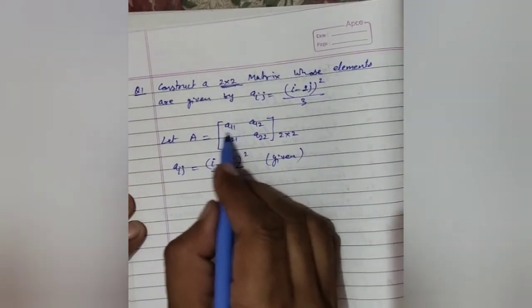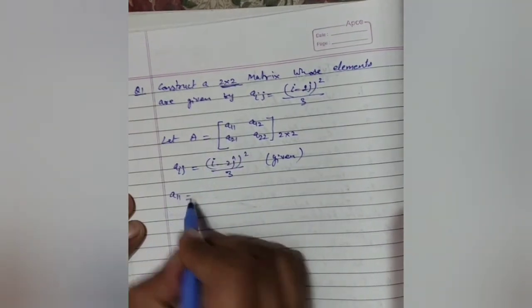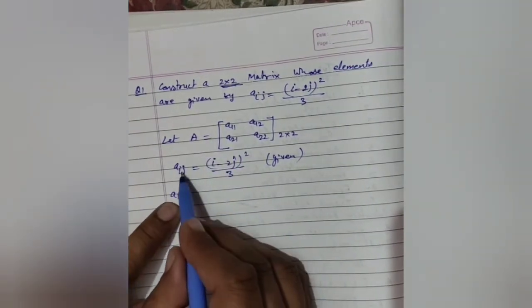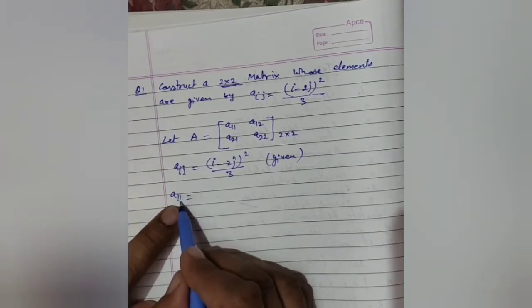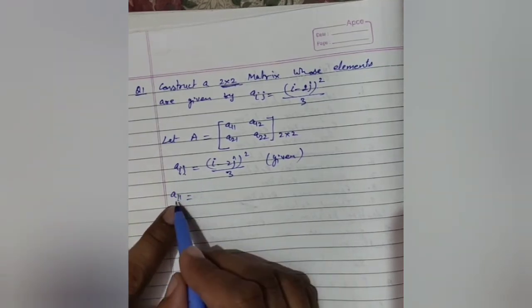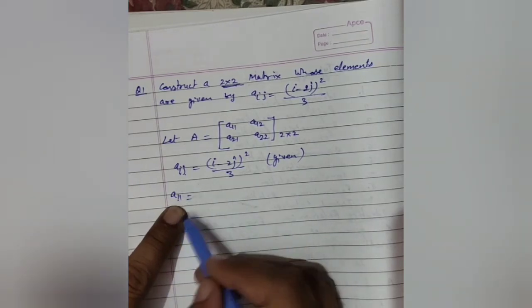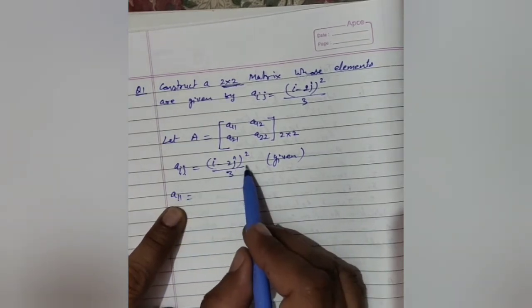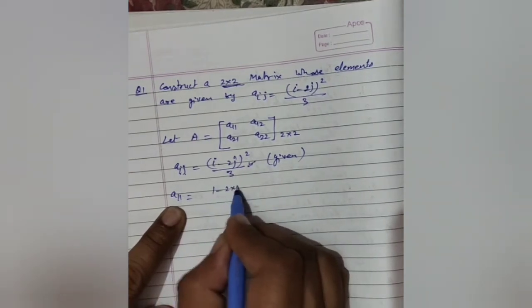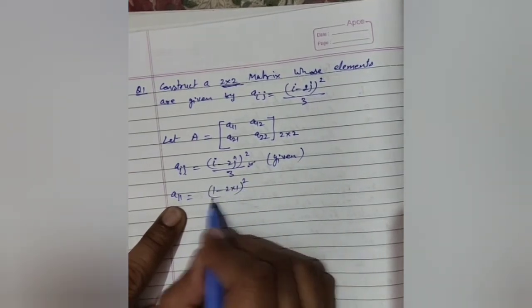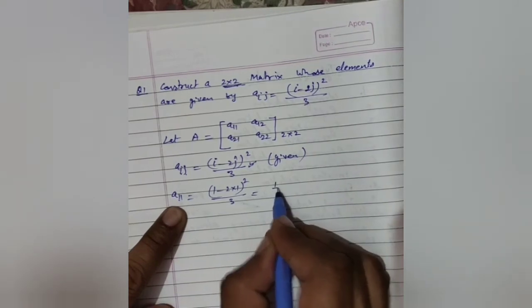First we find a11. If we compare it with aij, i becomes 1 and j becomes 1, so we put i is equal to 1 and j is equal to 1 in the right hand side of aij. This is equal to 1 by 3.